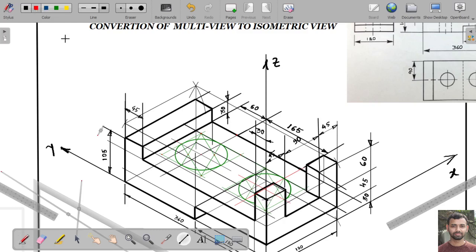And okay, now I'm showing the center line. This is the center line. Here also this is the center line, and here it is the center line.